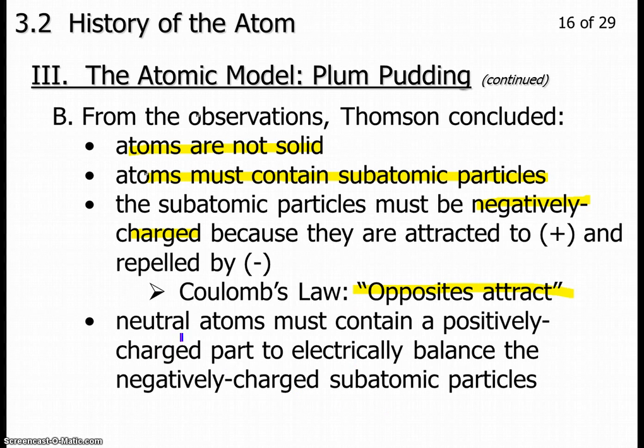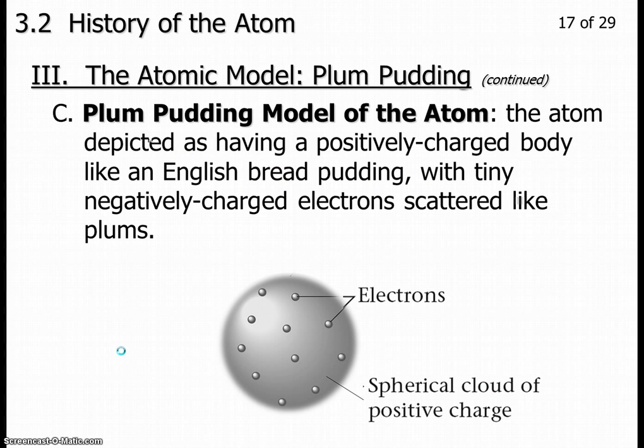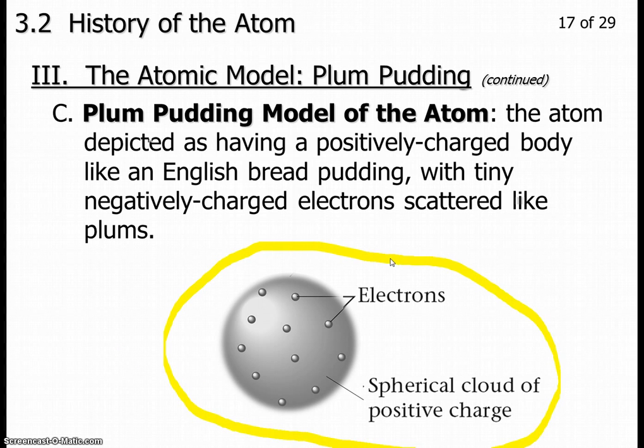Finally, this also was interesting because Thomson also learned that if there are these negative subatomic particles inside the atom, and atoms are overall neutral, there must be some sort of a positively charged part to balance that negatively charged part. All this information, he needed to come up with a model, and so he envisioned a plum pudding, which is a bread pudding, much like a muffin.